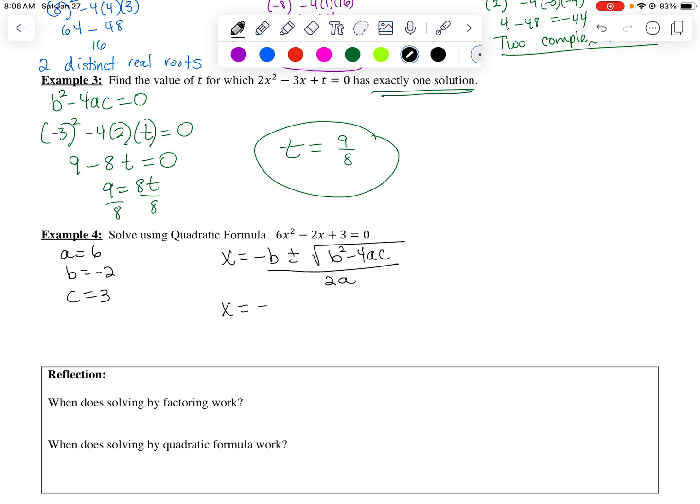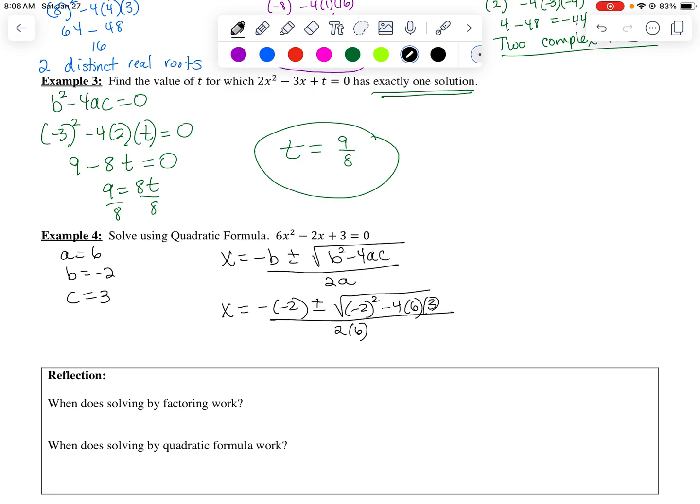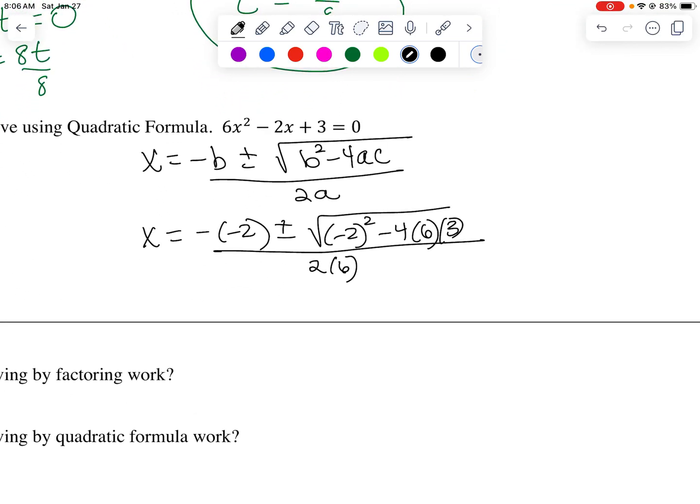So I put -2 plus or minus square root. Remember, we talked about b squared is always going to be positive, or at least I should say non-negative. So I'm getting x equals 2 plus or minus square root 4 minus 72 over 12.